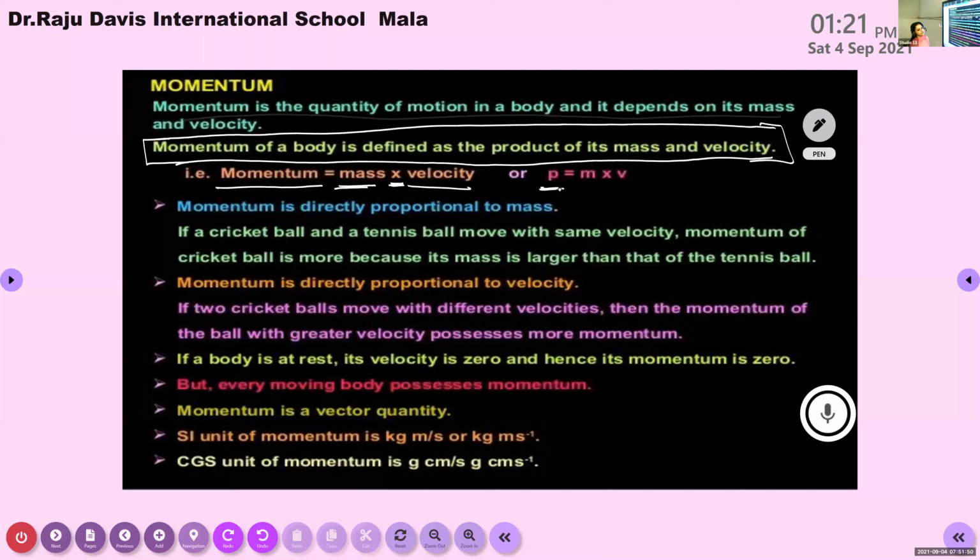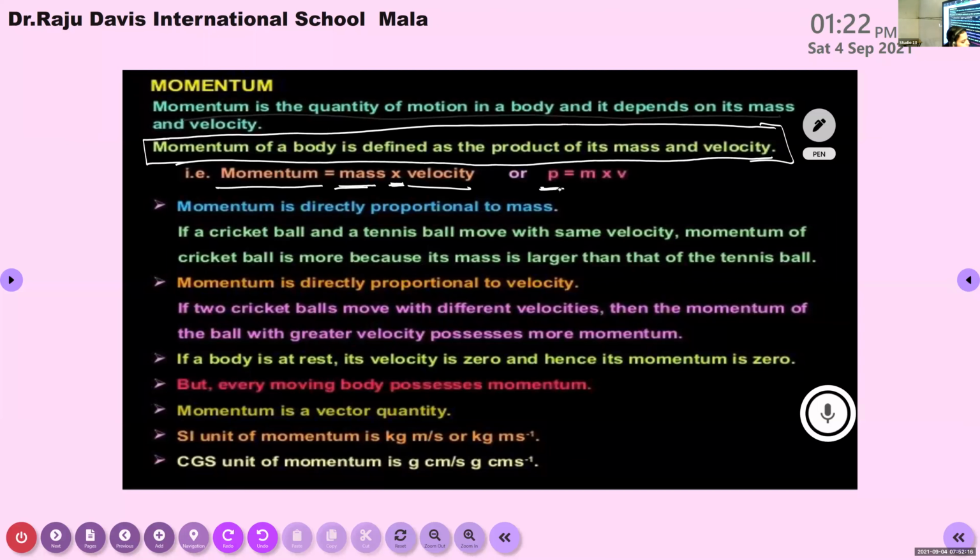So what is the definition for momentum? Yes, what do you mean by momentum, Adikesh? Momentum of a body is defined as the product of its mass and velocity. Yes, very good. Alan, mathematical equation for calculating momentum? Momentum is equal to mass into velocity.